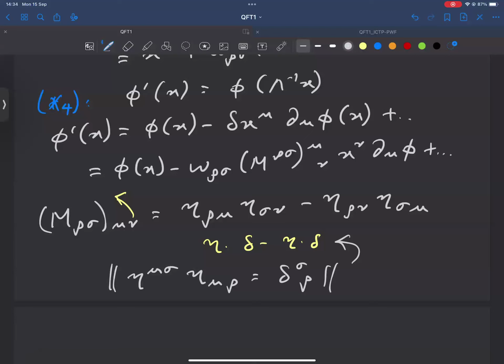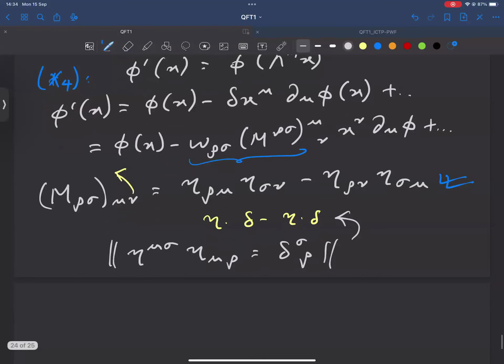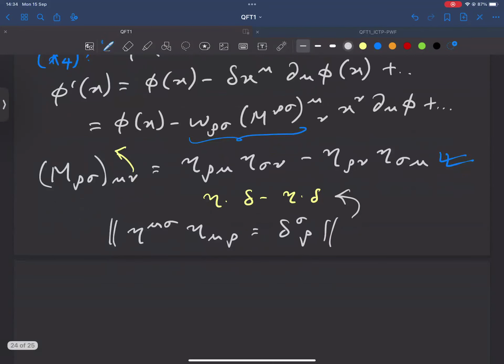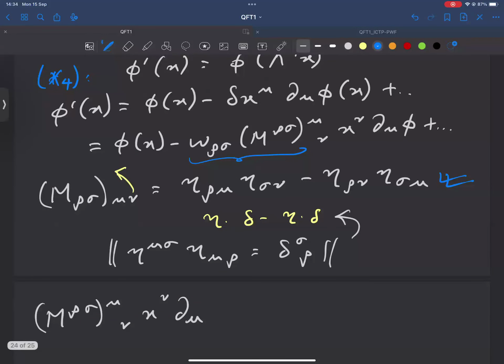Okay, but now if you use this equation here in the leading, the subleading piece here, then what you get is something like this. So the piece we want to work out is exactly this. You see, this is the differential operator that will act on phi.